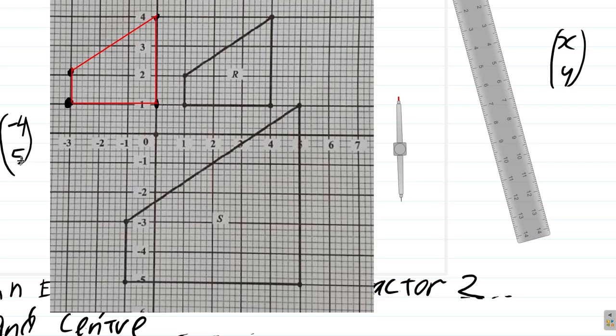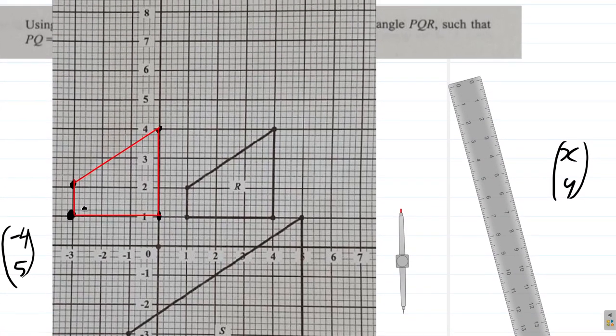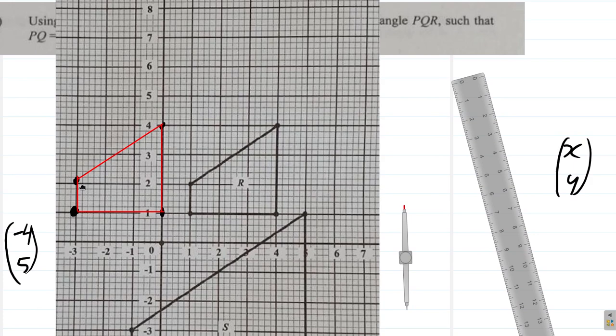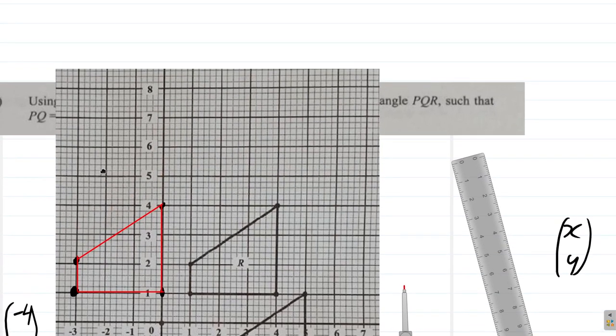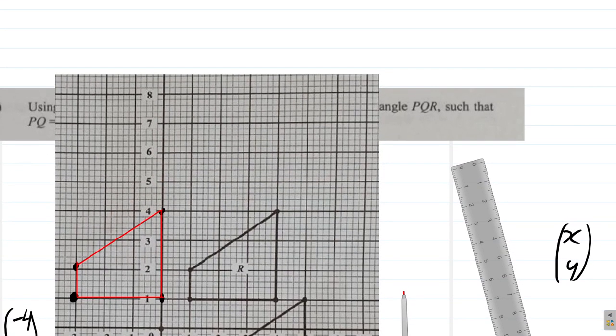Alright, so that's the horizontal movement, the x. Now the y movement means here y is 5, so each point will move 5 places up. So here this point moves 1, 2, 3. I need more space here. This point moves 1, 2, 3, 4, 5 places up.